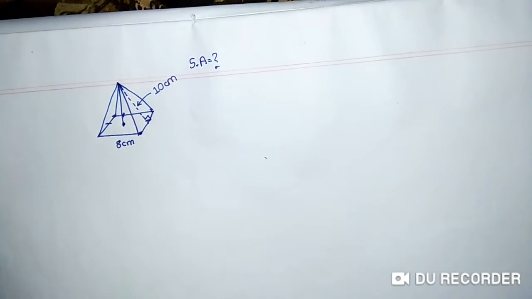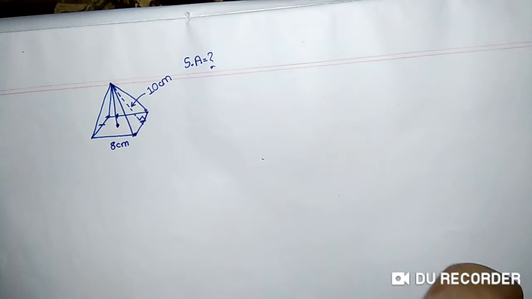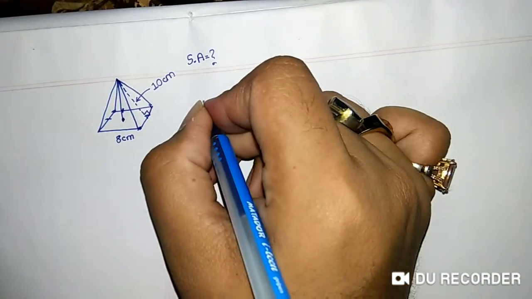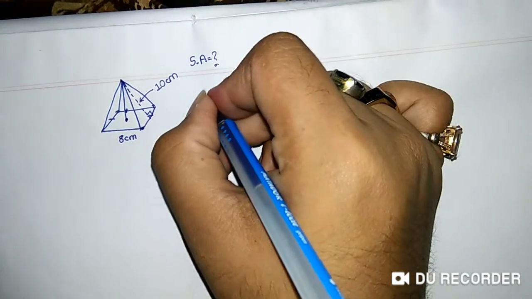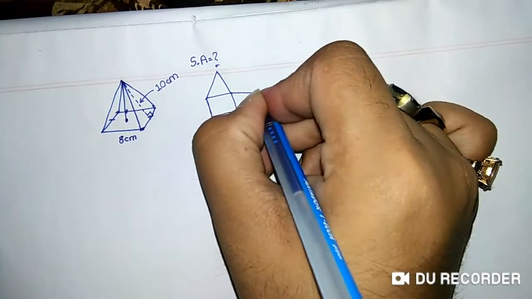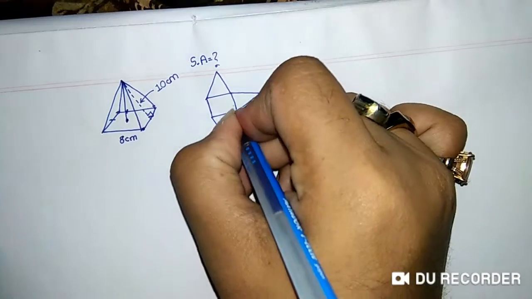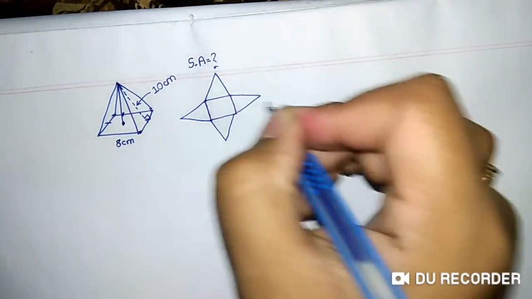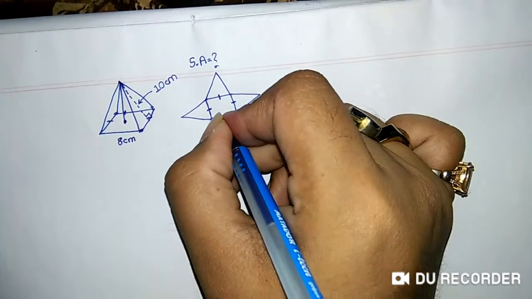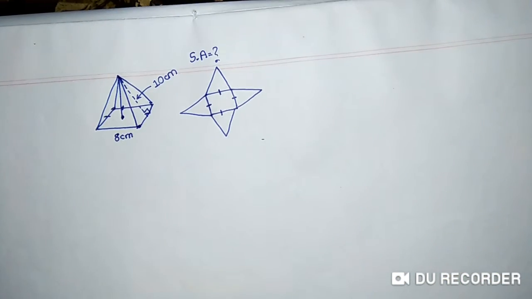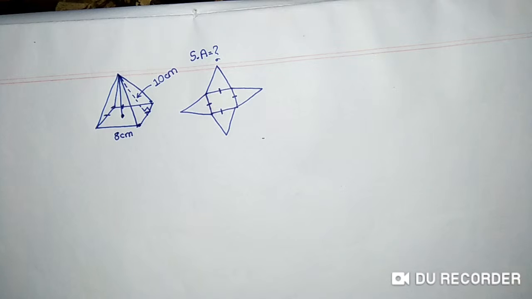Now what I would like you to do first of all in this square pyramid is to visualize how it looks. Since it's a square pyramid, we know that it looks exactly like this when we open it up, right? Now we know that this is a square at the bottom. Based on the base that the pyramid has, its name is given. If the base was a rectangle, we would have called it a rectangular pyramid.